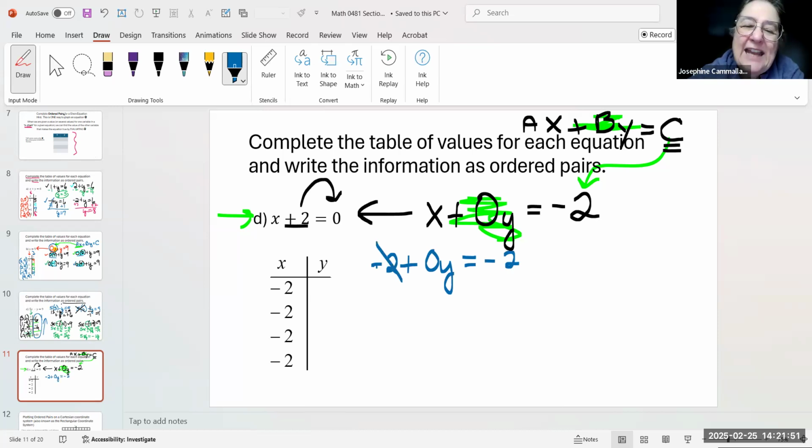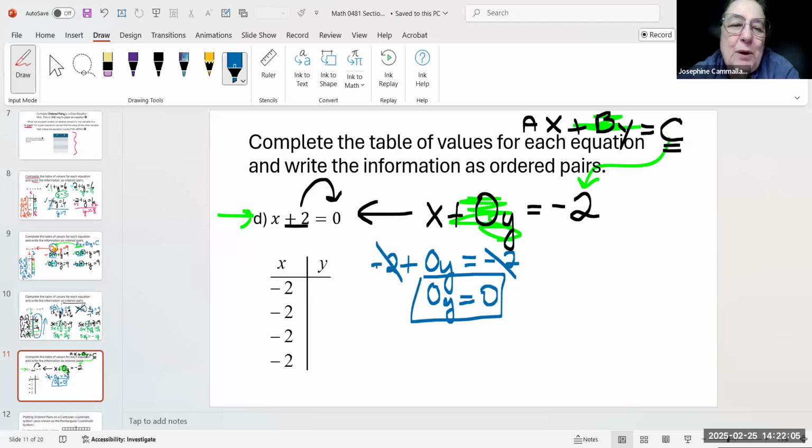Well, if I add 2 to both sides, I'm going to get 0y is equal to 0. Do you remember what that means when we did chapter 3? This is many solutions.